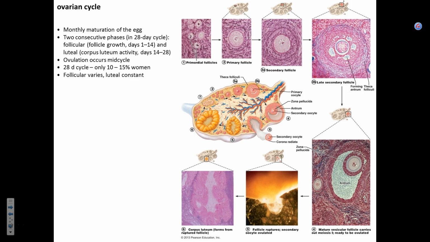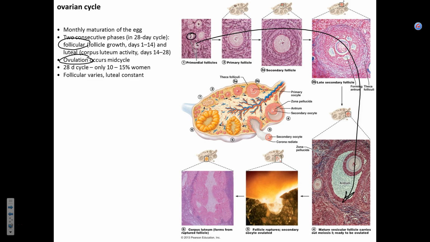The ovarian cycle refers to egg maturation, and it has 3 main stages. It says 2 consecutive phases, but I put ovulation in between. It's a follicular stage, which is associated with the development of a follicle, which starts with a really small primordial follicle.